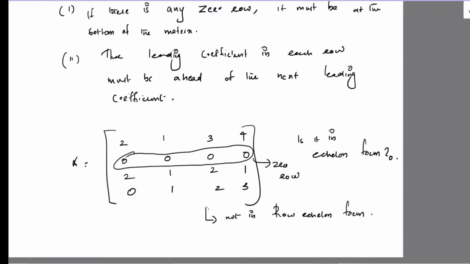Okay. Consider another example. What about this matrix? Is it in row echelon form?